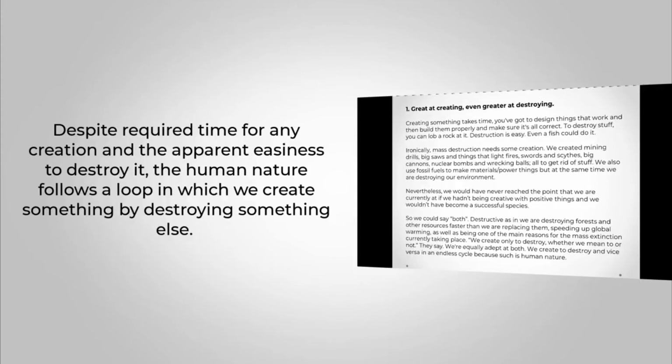Remember, when you summarize, you should summarize the text that you see in the text. You should not include your opinion, whether for you or not is apparent, seems to be like that, or it's more likely to be like that. In your summary, you are including a doubt that is not present in the text. The text says, for instance, ironically, mass destruction needs some creation.